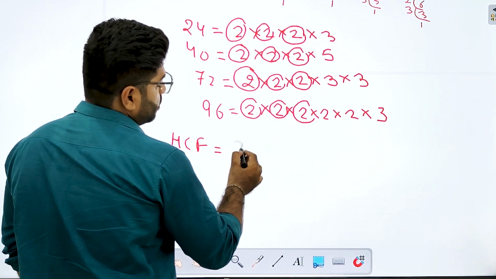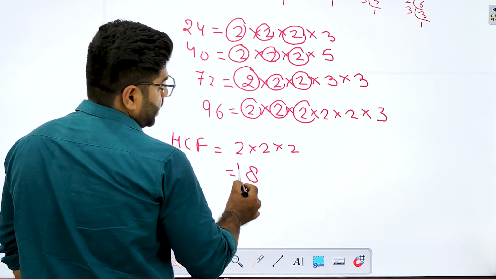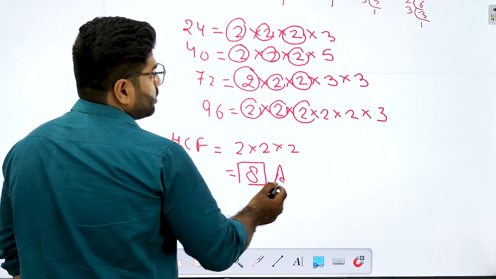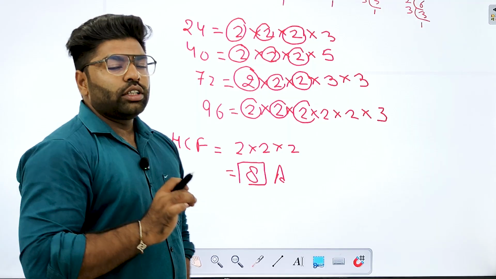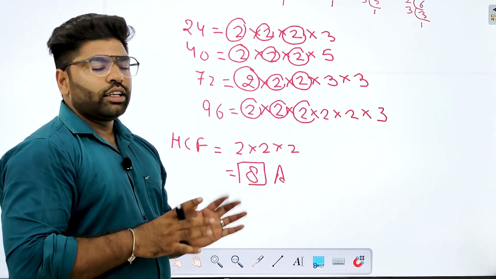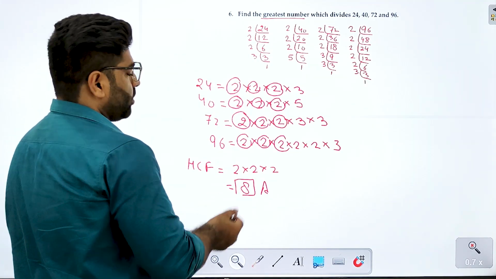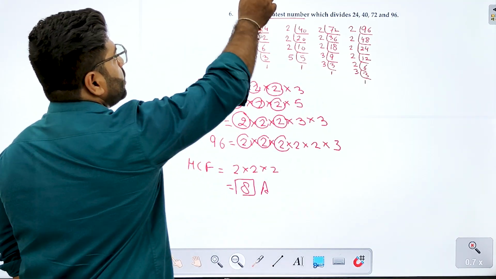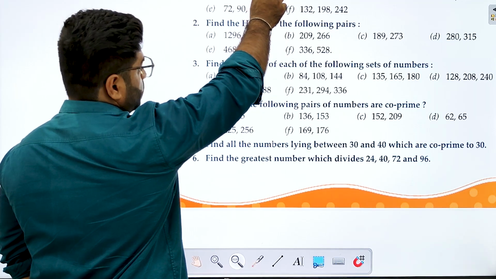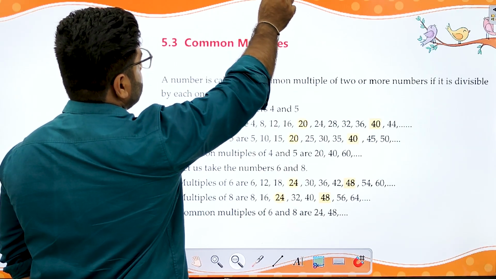So these three 2s, 2 multiplied by 2 multiplied by 2 is 8. As answer, this is the highest number that can divide all these numbers exactly. So we can say that this is the required number, the greatest number which divides these four numbers. Okay. So now we are going to our next part.